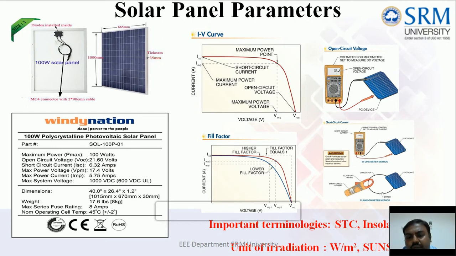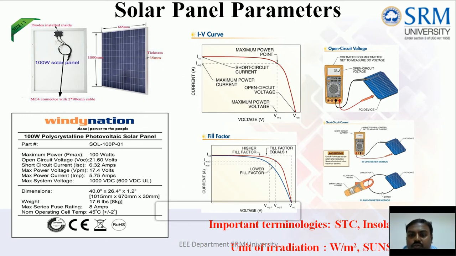Next is the open circuit voltage, that is VOC. That means the impedance is at maximum. If you draw a curve between ISC and VOC, then the curve that you get is called the IV curve.